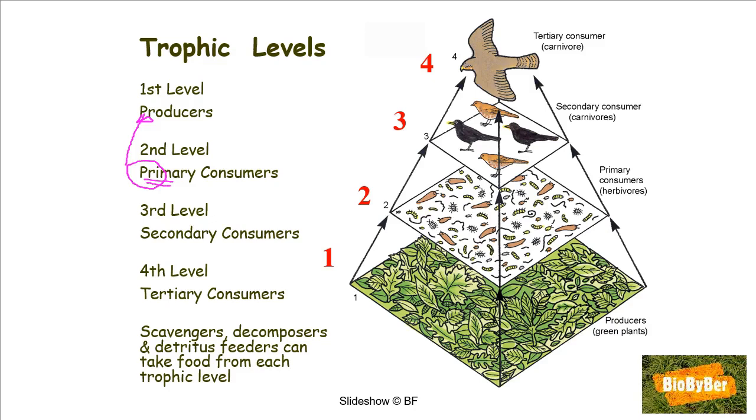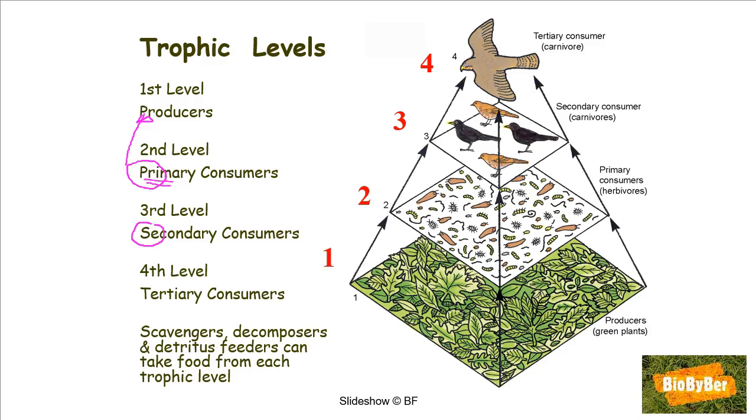The third trophic level is occupied by the secondary consumers. The secondary consumers, S for secondary, S for savages, they eat other animals. The secondary consumers follow the primary consumers, like secondary school followed primary school.